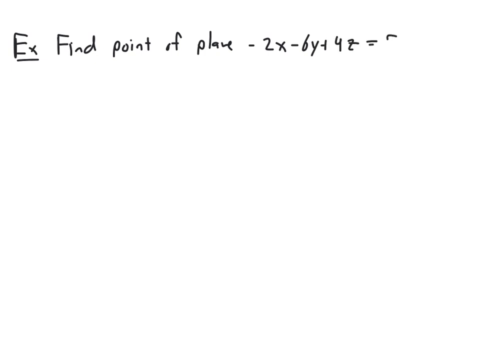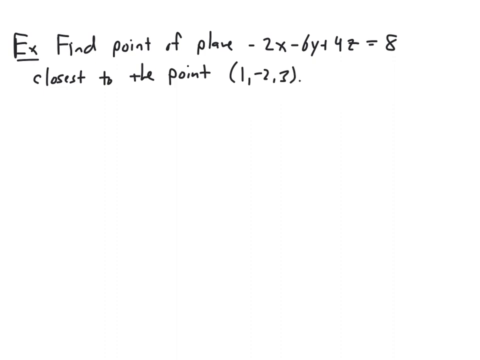Right, so let's take a look at another example. So let's say we want to find the point on the plane negative 2x minus 6y plus 4z equal to 8 closest to the point 1, negative 2, 3.